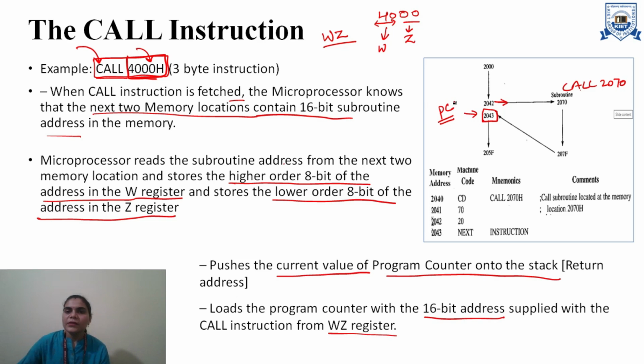So here the program counter content will be stored in the stack and the new address of the subroutine will be loaded into the program counter. Now the processor will start the execution of subroutine instructions.